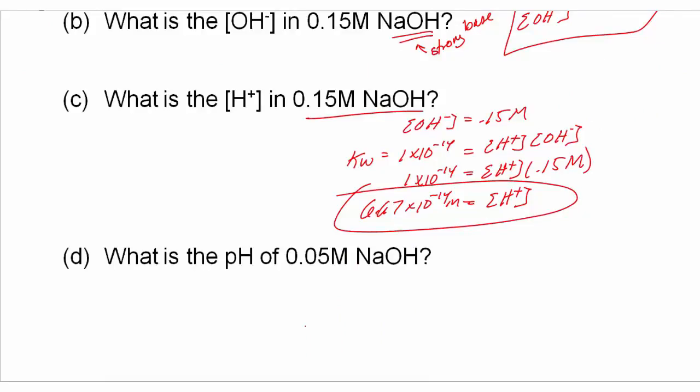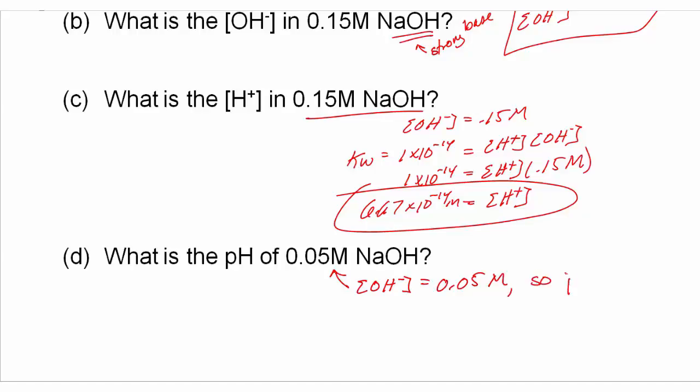What is the pH of 0.05 molar NaOH? Well, I think it'd be easier to do this. Let's find pOH first, right? The concentration of hydroxide has to be 0.05 molar.